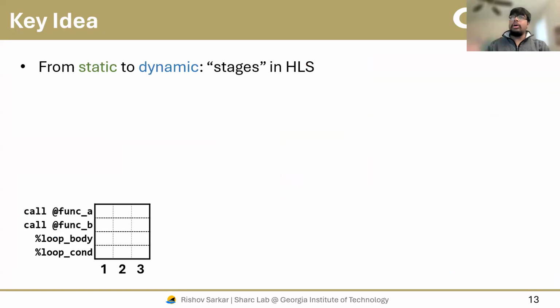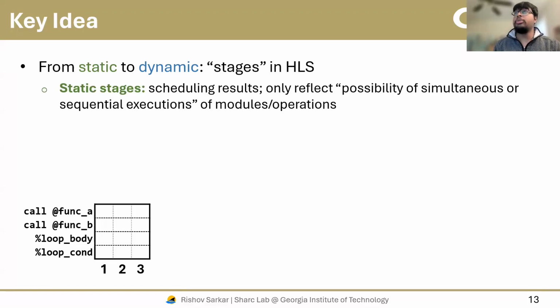Now let me define a few terms that I use for LightningSim. The first is stages. As I mentioned, HLS generates a finite state machine for each function, and I call those stages. In particular, I call the schedule we get in the schedule viewer in HLS static stages.